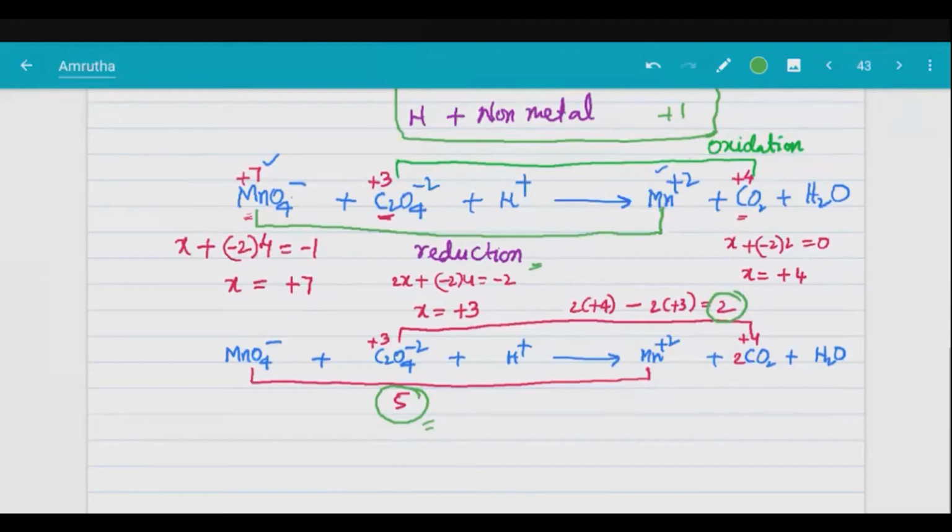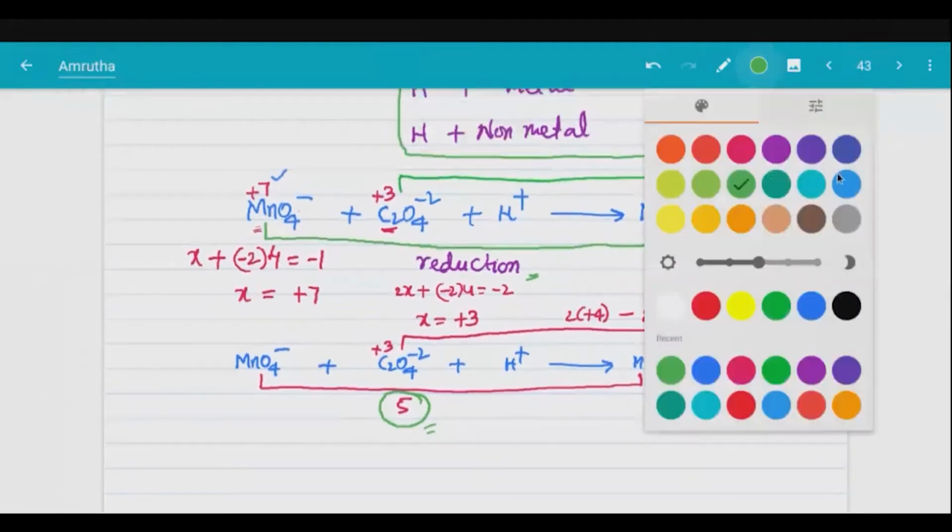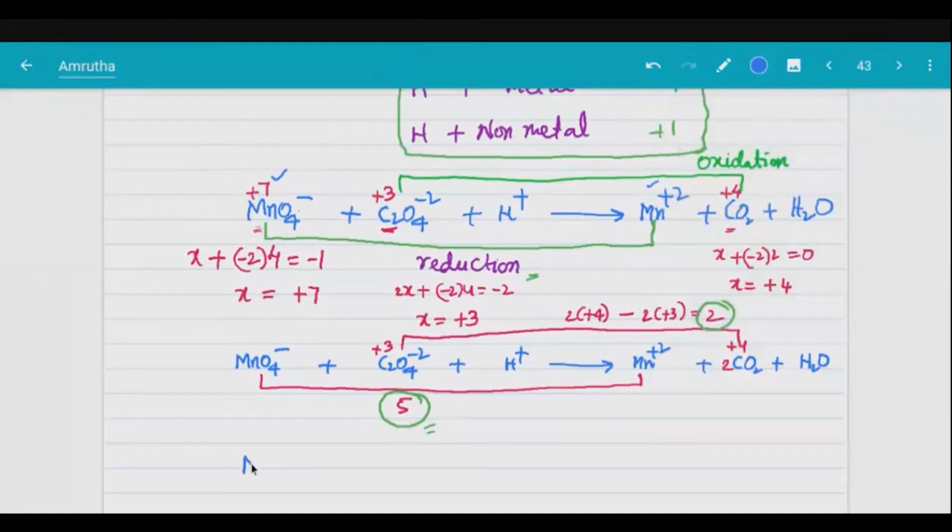So let me write that, so you will get clarity about this. MnO4 minus plus C2O4 minus 2 plus H plus gives Mn plus 2 plus CO2 plus H2O. Now here 2 is already there, I'm writing 2.